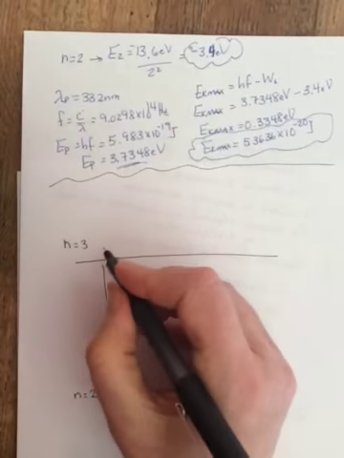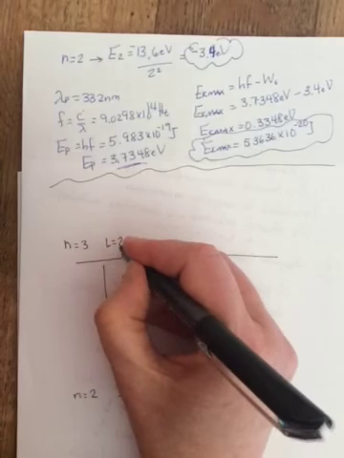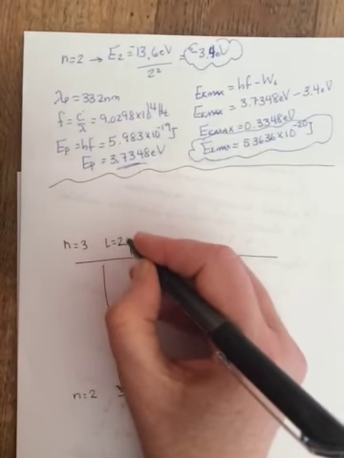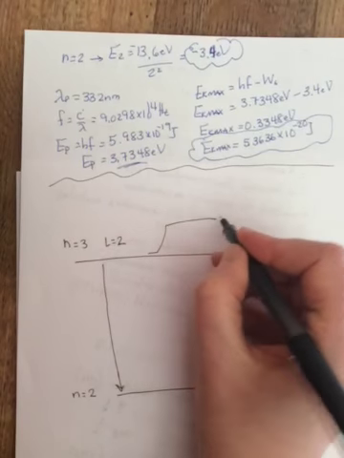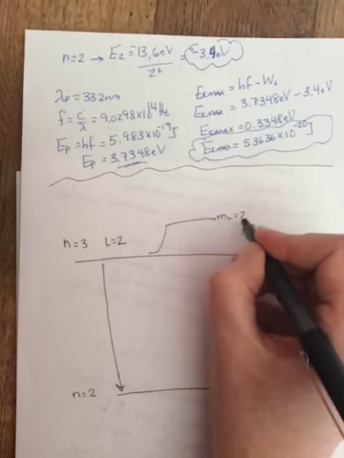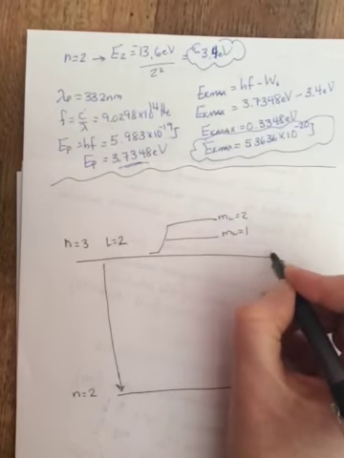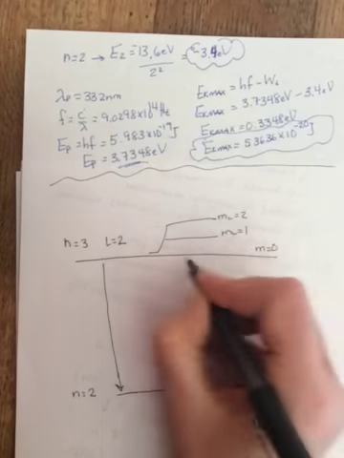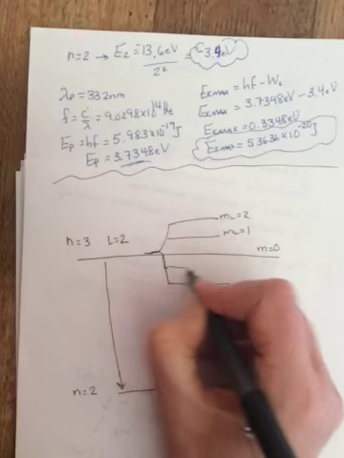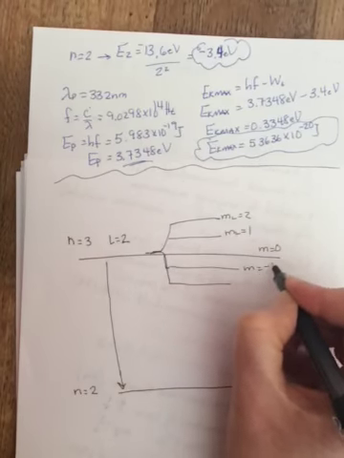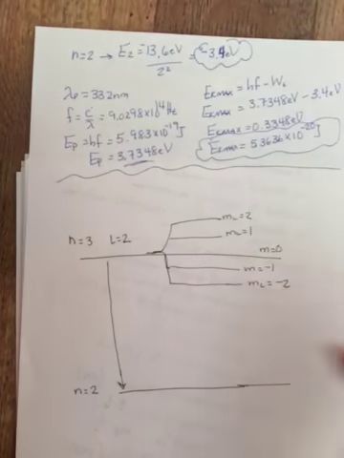Well, it's because in this n equals 3, you might have L equals 2. And if L equals 2, then you have an ML equal to positive 2, an ML equal to positive 1, an ML equal to 0, an ML equal to negative 1, and an ML equal to negative 2.